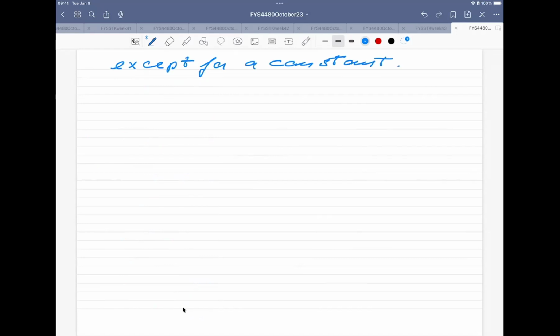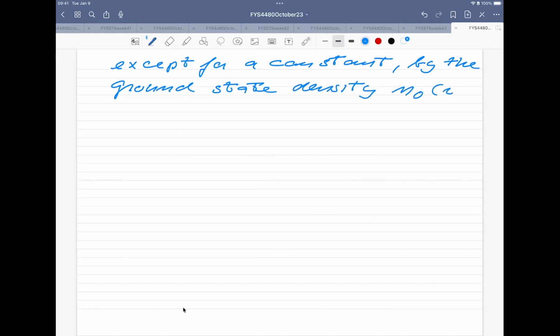by the ground state density, which I'm just going to call N0 of R. Keep in mind that this is the single particle density. It's not the many-body density.